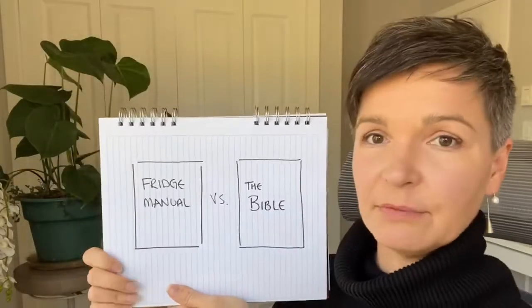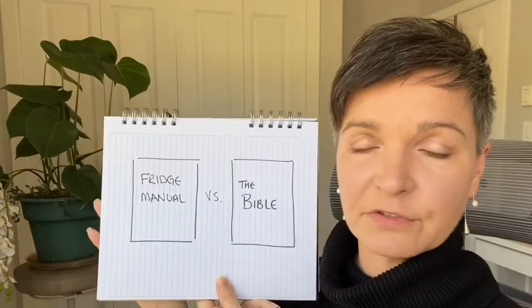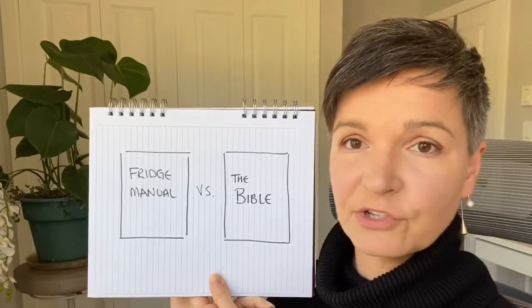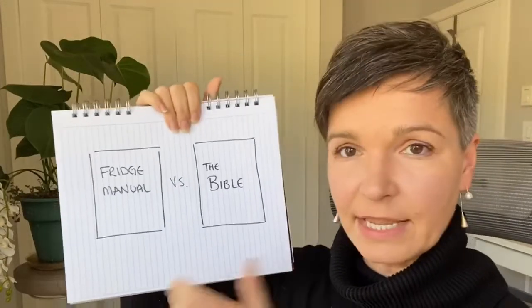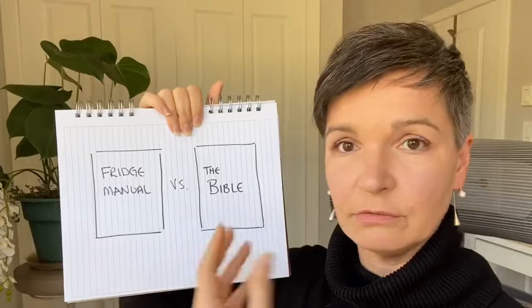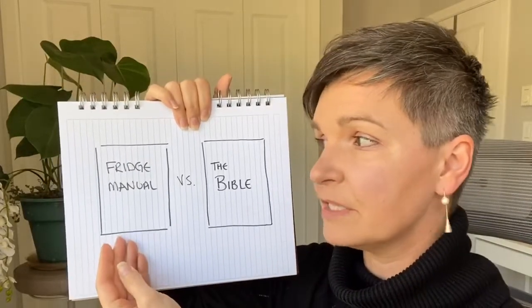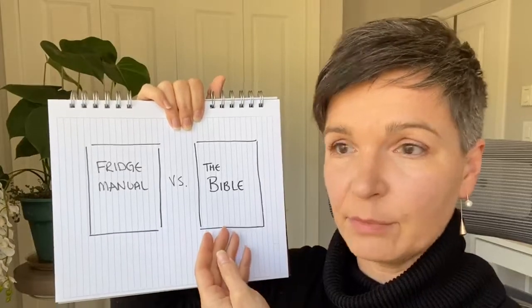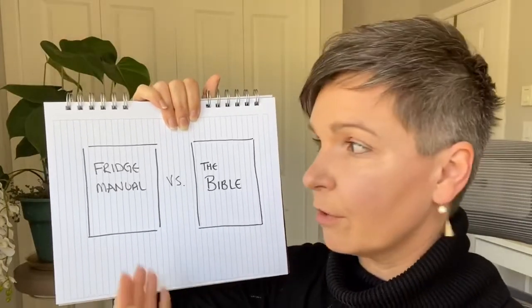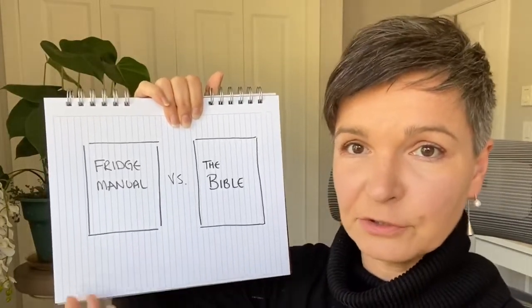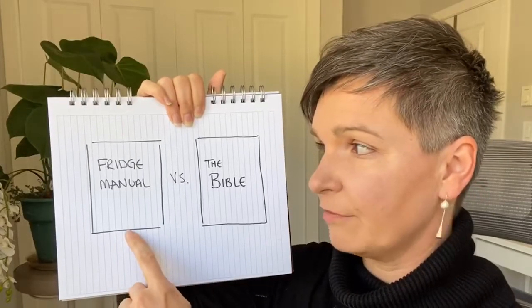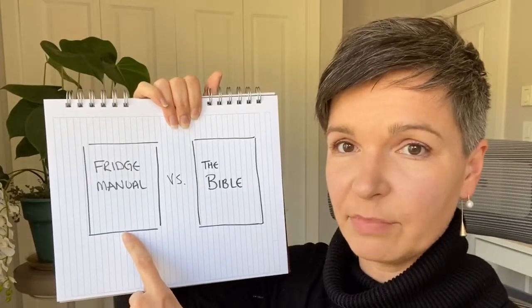When people ask what's the difference between an interactive story and a branch scenario, I would say, we're looking at elements instead of power. It's like saying, what's the difference between a fridge manual and the Bible? Well, they both are built in a publishing house. They both have covers, words and pages.